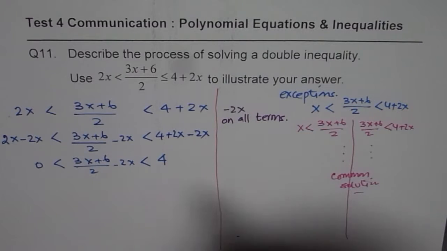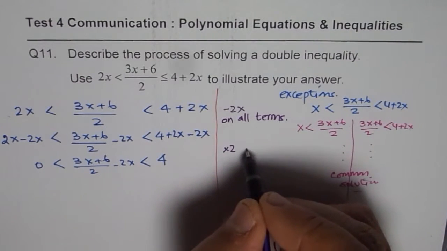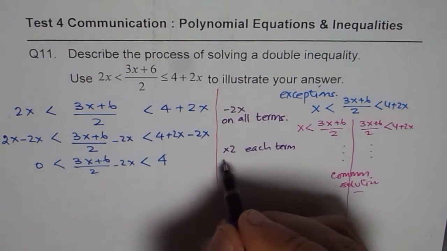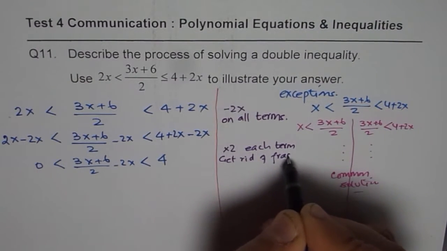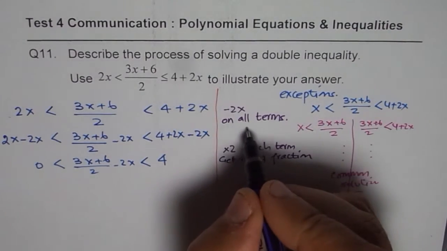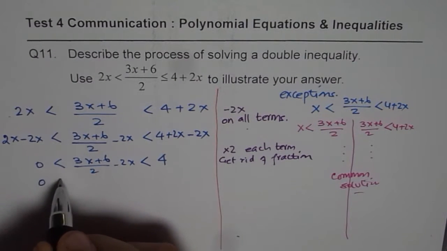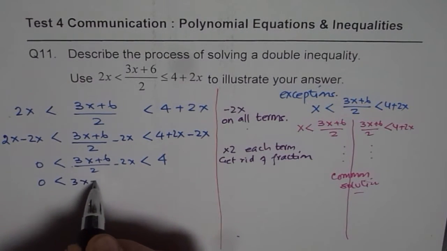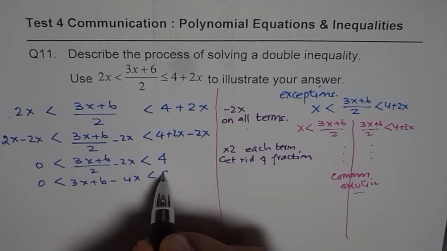Now the second step should be, we want to get rid of fractions. So we'll do times 2 on each term. In the first step, we found the variable in the center only, that was the idea. So when you do times 2, 0 times 2 is still 0. And the whole term in between, I get 3x plus 6 minus 2x times 2 is 4x, less than times 2 will give me 8 here.